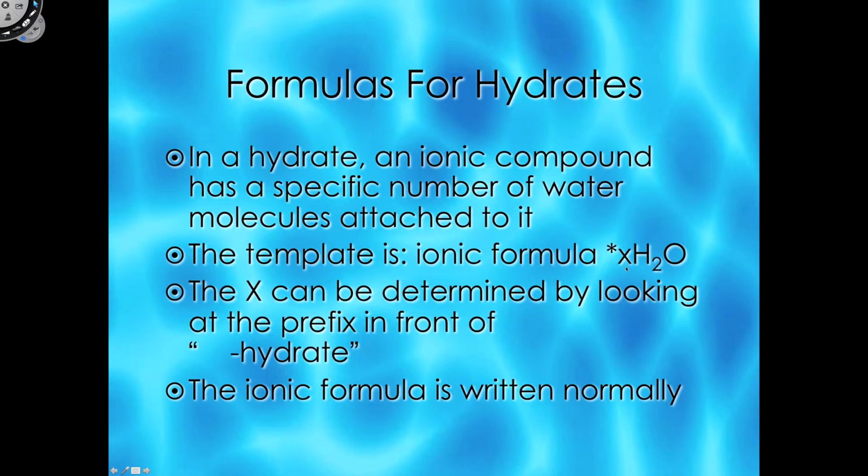Now the X represents the number of water molecules to ionic compounds you have in the hydrate. It's real easy to identify the number by the prefix. And the ionic formula is written normally.